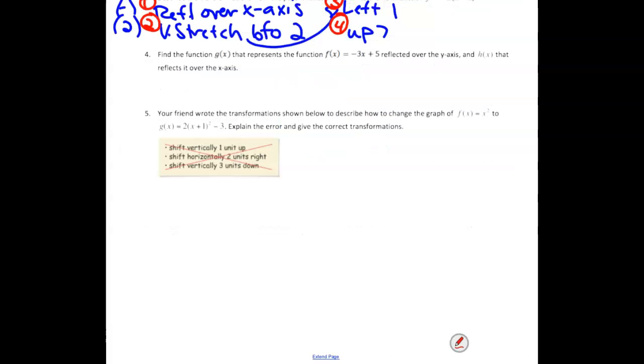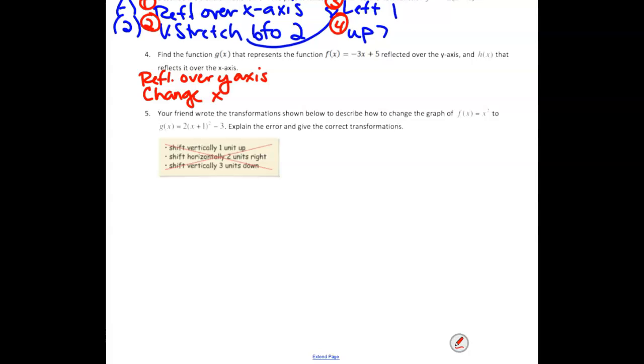If we want to reflect over the y-axis, which variable changes when we reflect over y? The x's. Okay? Your x's change. So all you have to do is change your x. Wherever there was an x, make it a negative x.